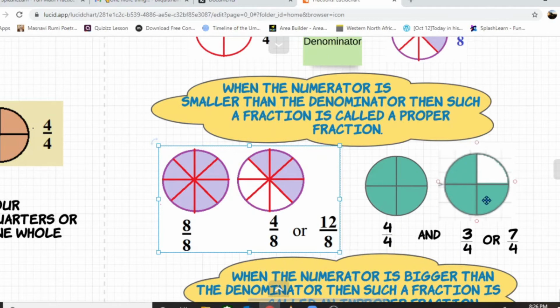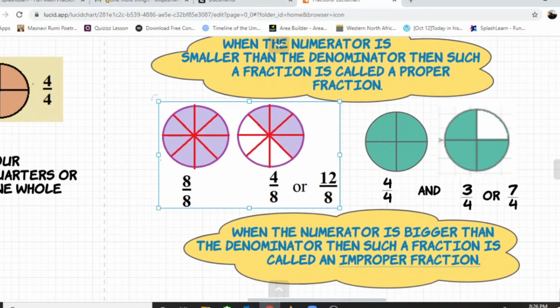So we will write this fraction as 3 divided by 4. Now count the total colored parts, and it will be 4, 5, 6, 7 colored parts, and we have total 4 parts of the shapes. So these fractions can be written as 7 upon 4.